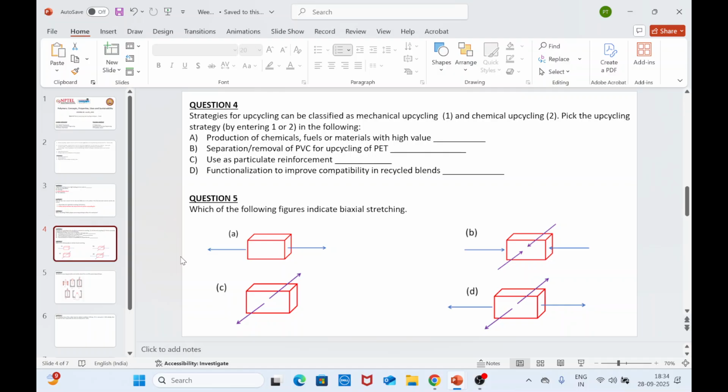So let's see question 5 first before moving to question 4. Question 5 is a simple one. Which one of the following figures indicates biaxial stretching?